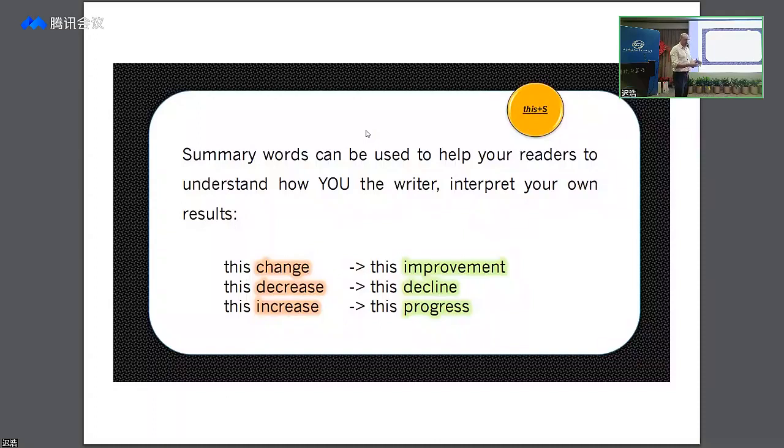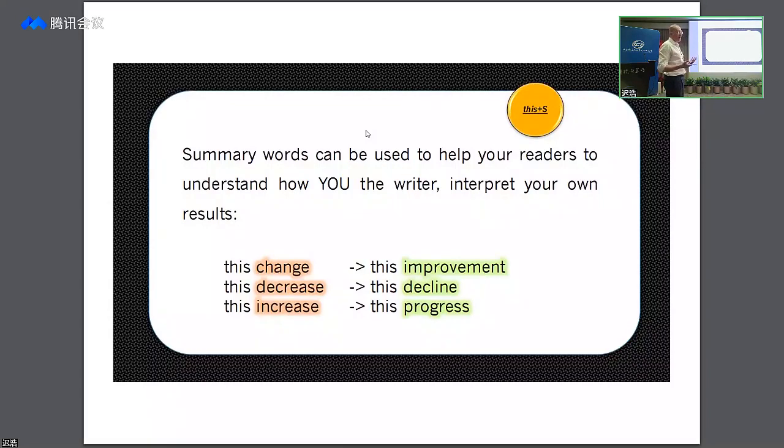So instead of saying this change, we know there's a change, there's a difference in number, but you can actually say this improvement. An improvement immediately tells the reader that you think that this reduction in numbers is an improvement. So using these summary words, you can provide additional information for your readers.